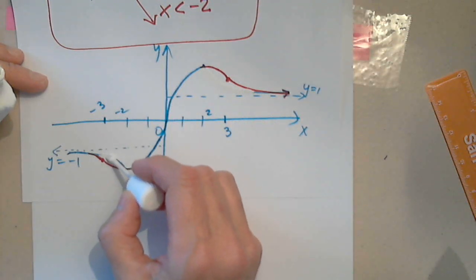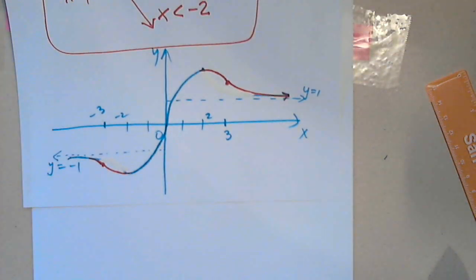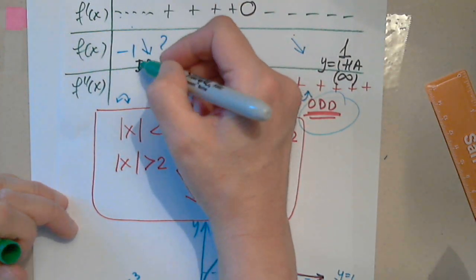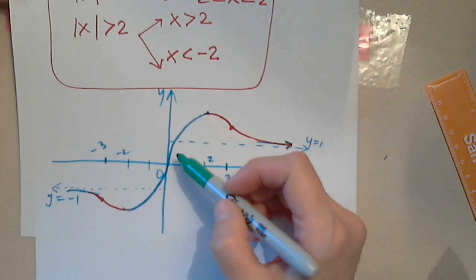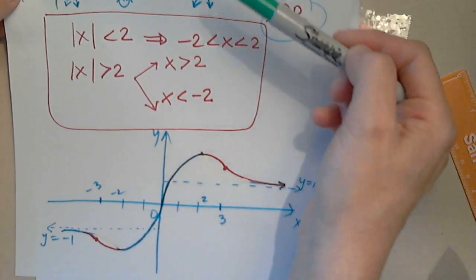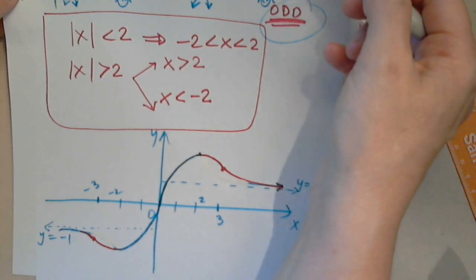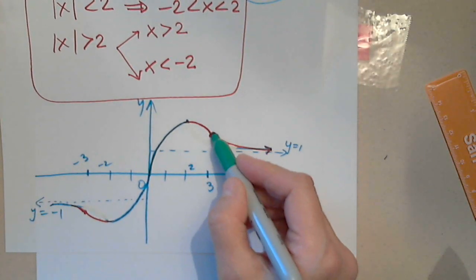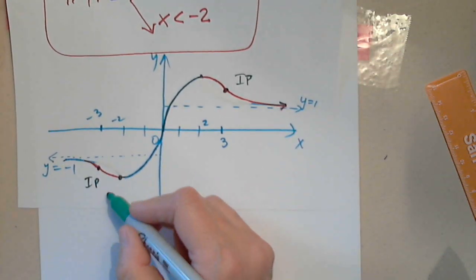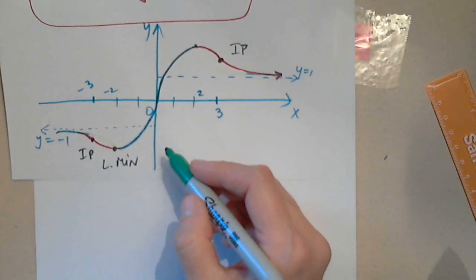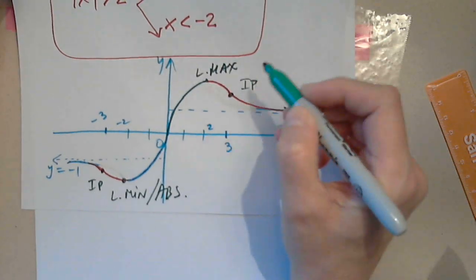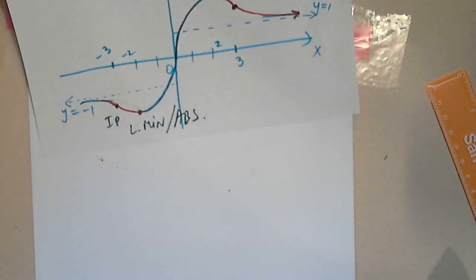Three is the inflection point. And negative 3. So it goes to a maximum, and it continues past the 2, and it's at 3. It has an inflection point right here, inflection point. Here is a local min. It happens to be also absolute. And here it has a local max, and it happens to be absolute max as well.